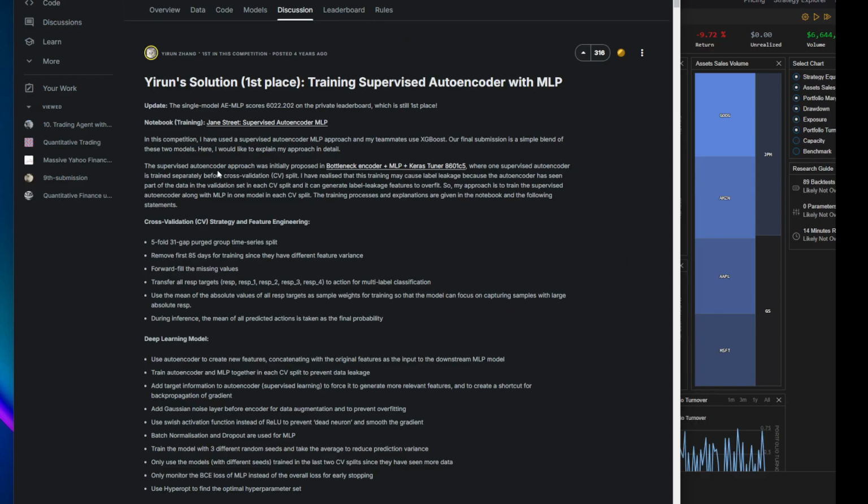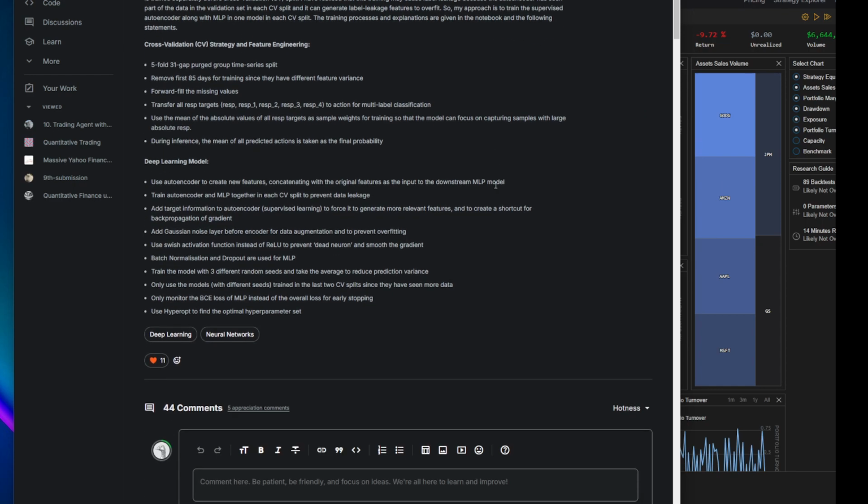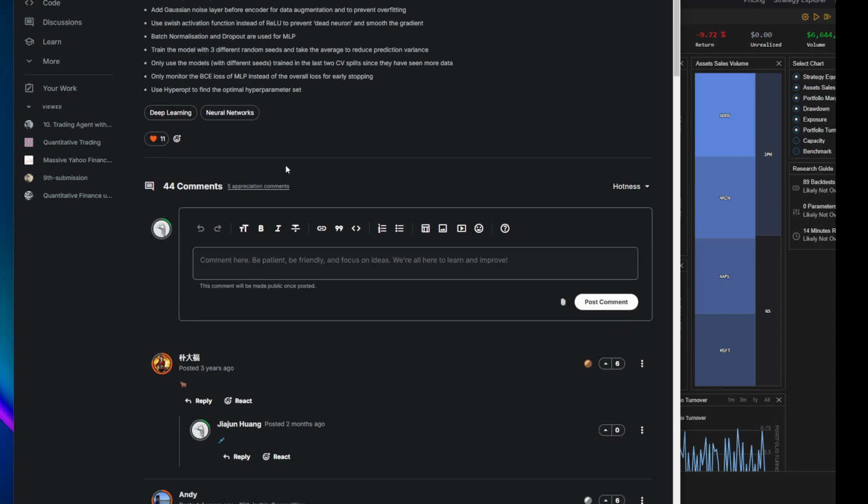It's a supervised autoencoder approach. Bottleneck with a Keras tuner. All right, this is all new to me, so I'm a bit overwhelmed here. I'll give them a like anyway. Deep learning neural networks, yeah.